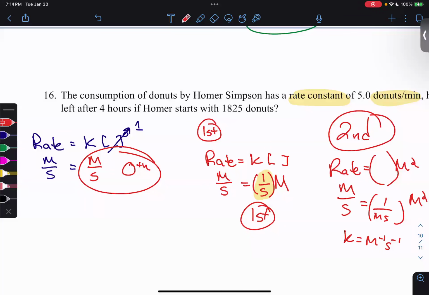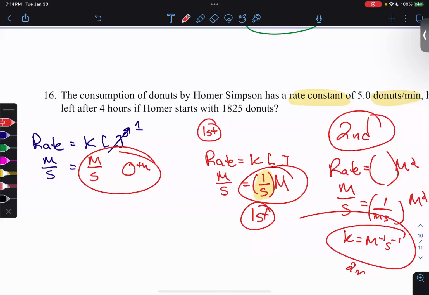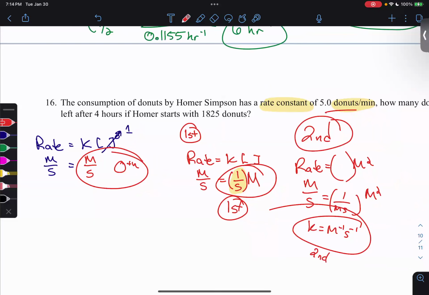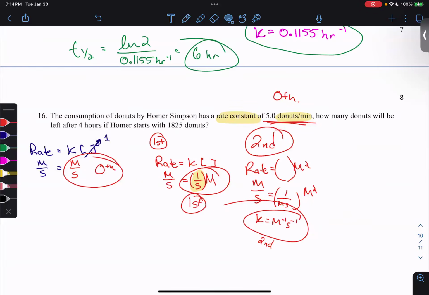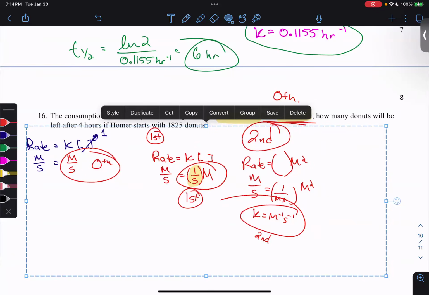So based upon what we just went over, what do we think this rate constant is? 0th order, because donuts are like number of particles, essentially. It's concentration. This is a 0th order reaction. Perfect. So now we know what integrated rate law to use.